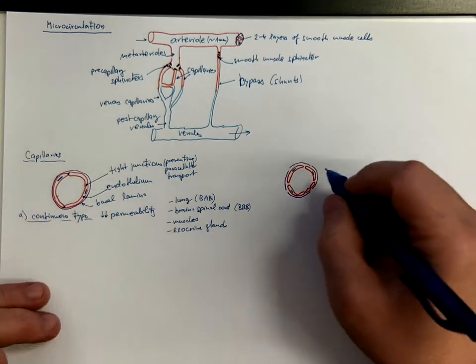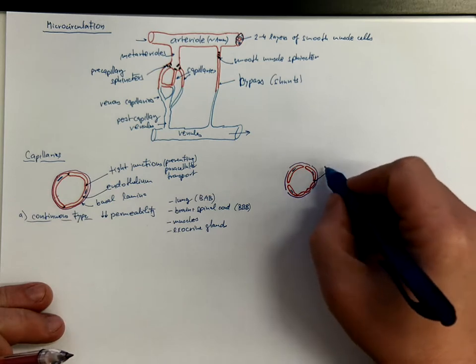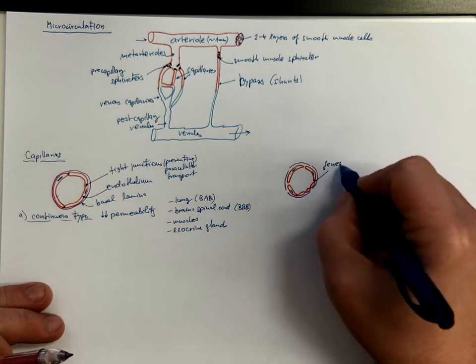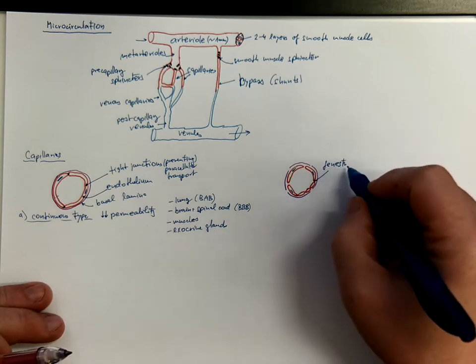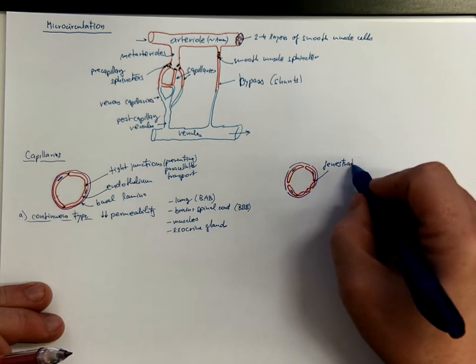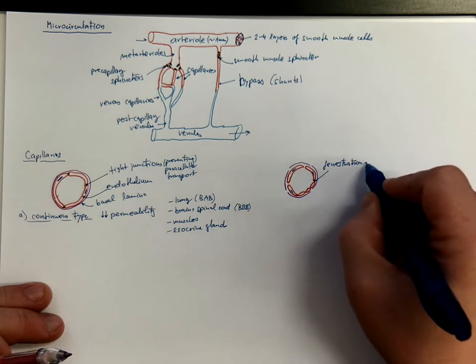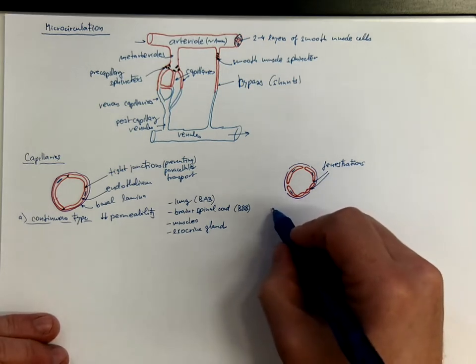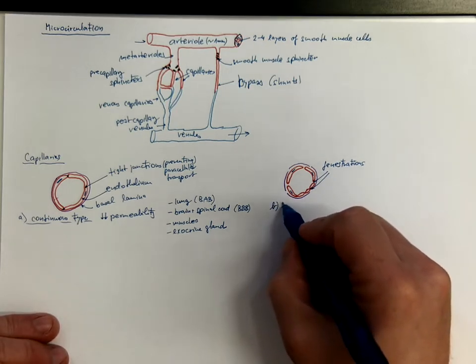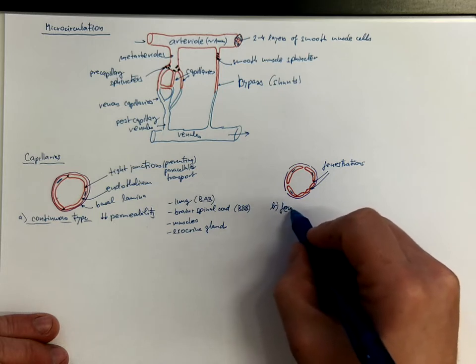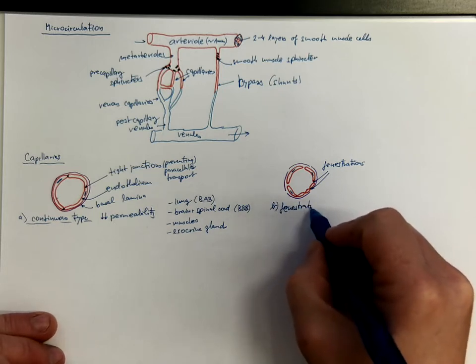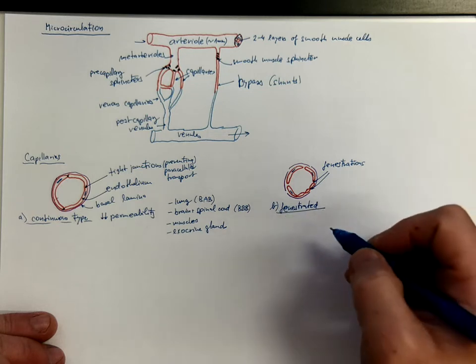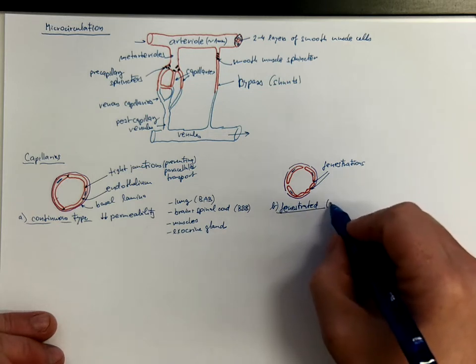So we got these openings among the endothelial cells, fenestrations. Fenestra is the Latin term for window. So there are these fenestrations, which make these capillaries more permeable. We call this type fenestrated capillaries.